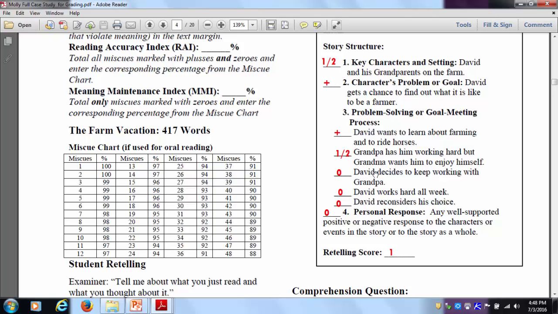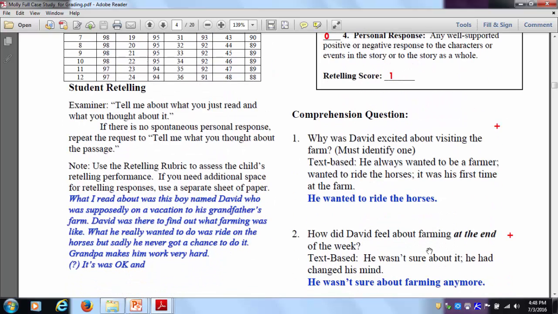David decides to keep working is a 0. It's never mentioned. He works hard all week. Never mentioned. David reconsiders. Never mentioned. Personal response, well developed. Nope, never mentioned. And we use the ASII, and the score is a 1.